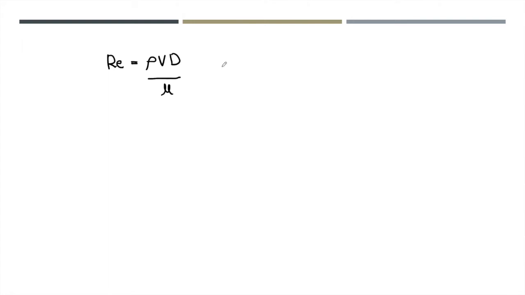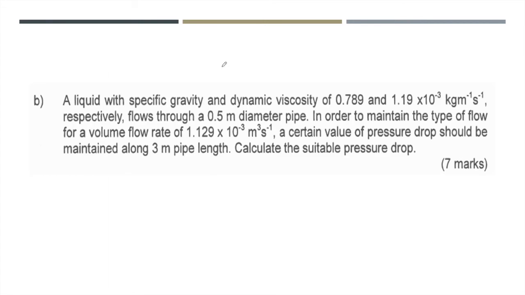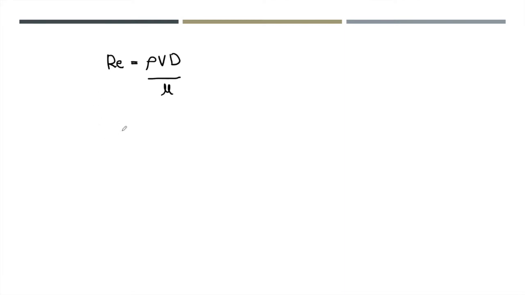Now we take a look at the terms inside this Reynolds number equation one by one. So rho, do we have rho? The question gives us specific gravity, therefore we have to change specific gravity to the density. We know that the specific gravity equation is rho of the substance divided by rho of water at 4 degrees Celsius, which is 1000 kilogram per meter cubic.